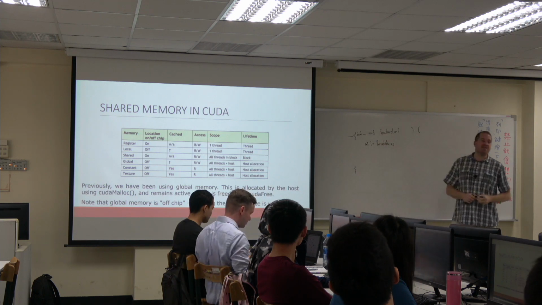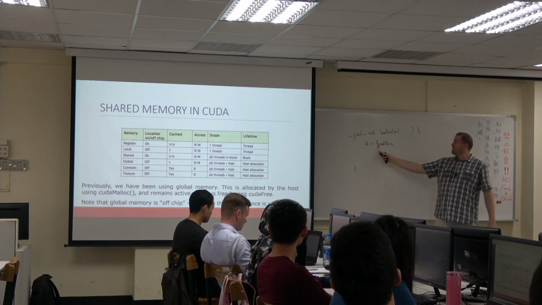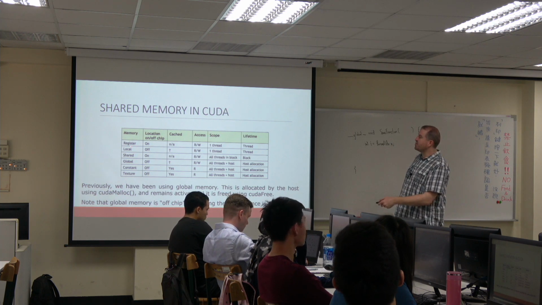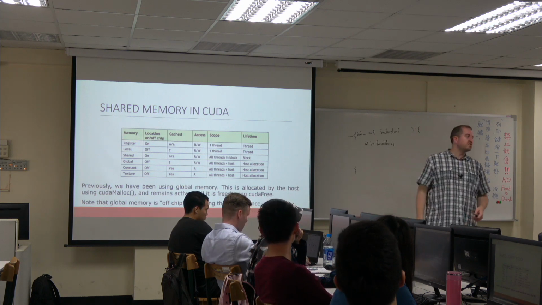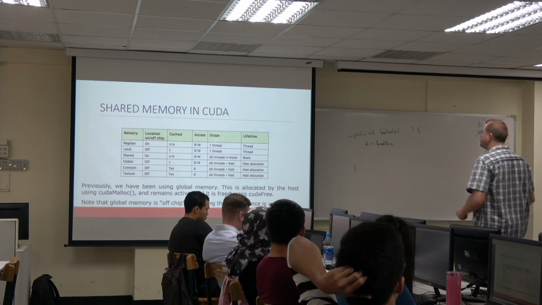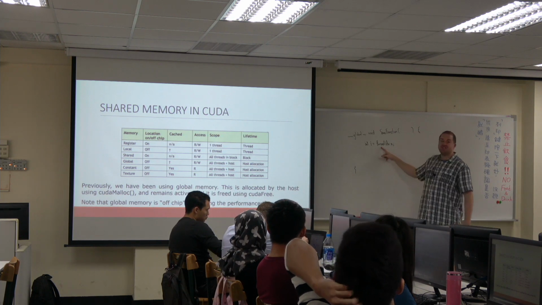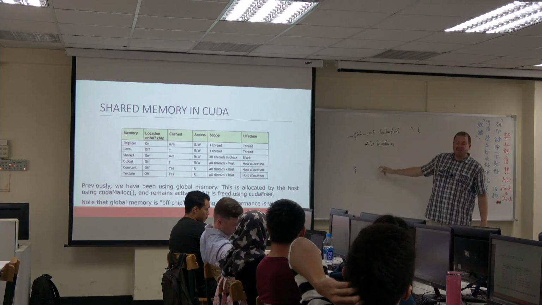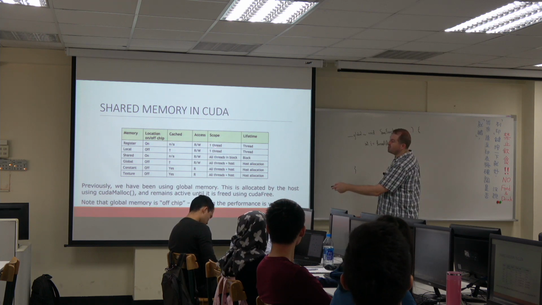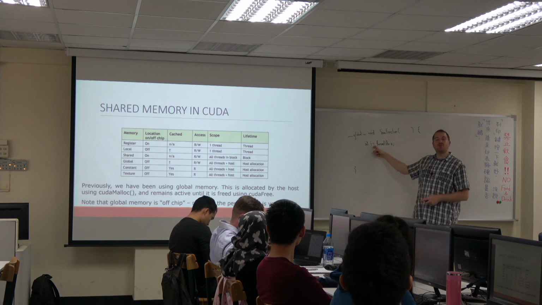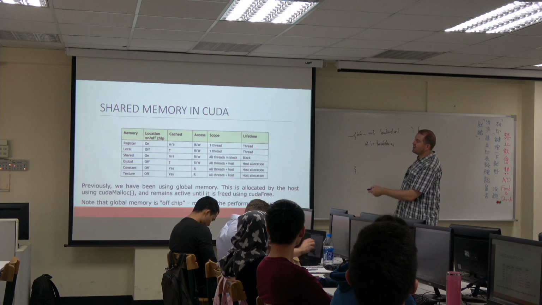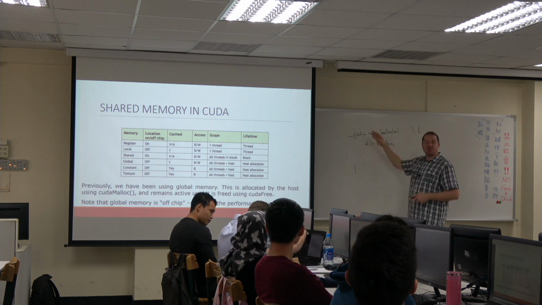For fun, let's say we don't have any blocks. This variable i is stored in register memory. That means it's a small variable, we don't have a lot of memory available in our registers, and when that thread is finished its computation, that i disappears. So that's why we say the lifetime of variables like this, the scope, is one thread, because each thread has its own i variable, because each thread has its own threadIdx.x and its own block and dim. So the scope is one thread and the lifetime is one thread, because once this thread is finished computing its work, it's gone.